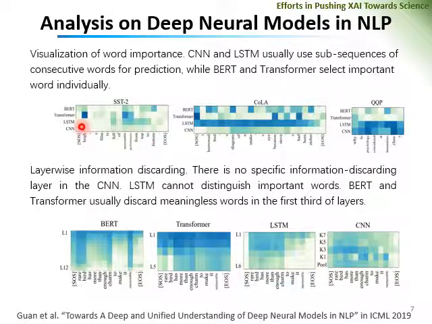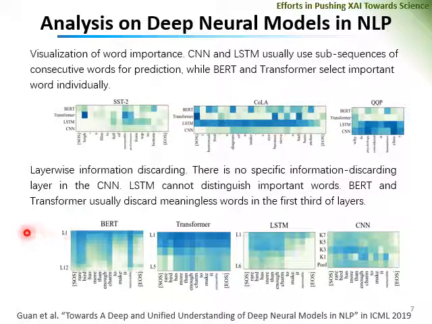You can see the LSTM and the CNN usually can only detect a range of important words. A sequence of words can consider the entire sequence of words as important words. But the BERT and the transformer can accurately select individual words. And because the BERT is much deeper than the transformer, it usually selects many more words than the transformer.